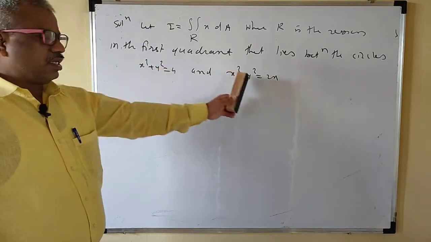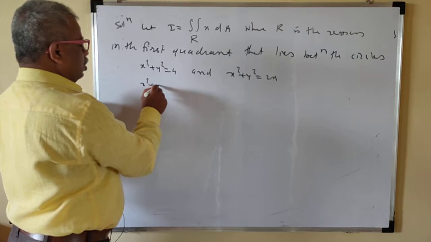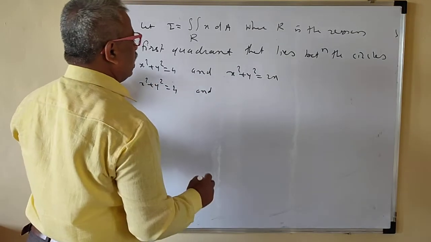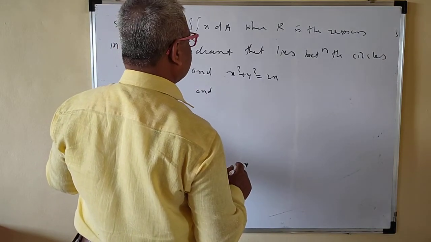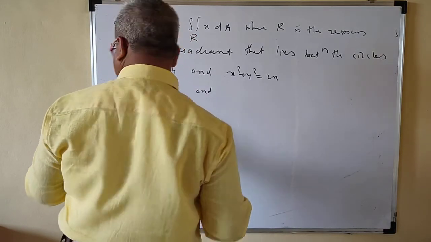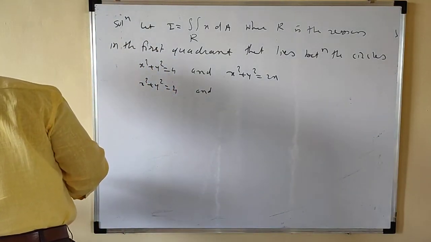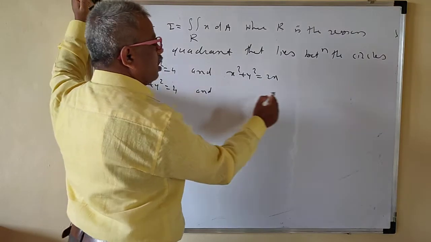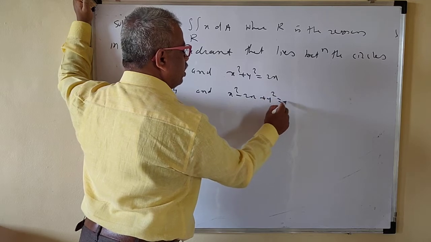Now see, both are circles. We write these circles in standard form. The first is x² + y² = 4. For the second, we have x² − 2x + y² = 0.